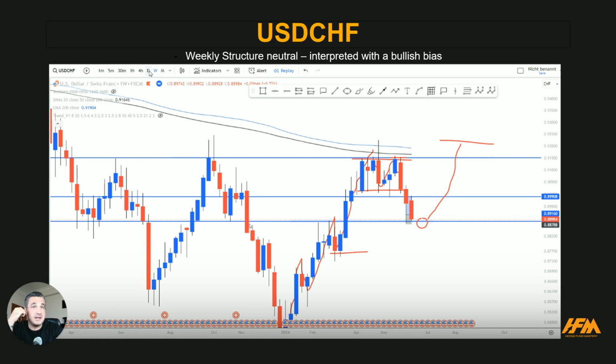Like it broke here, for example, which then went further down. But as it didn't break here, it went back up. So we were looking for a continuation, trend continuation. Technical is what we're doing. Statistical, edge-based. That's the type of strategy that's going on here.